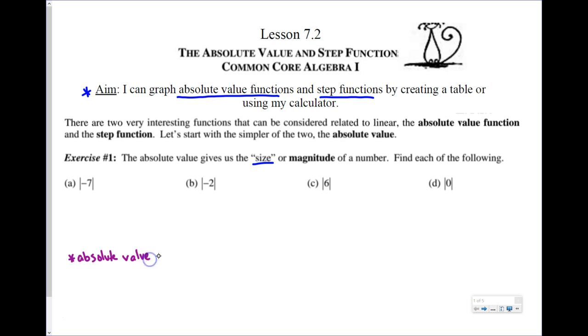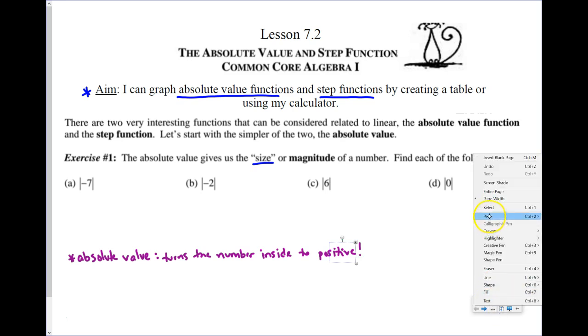Absolute value does give us the size of a number, but a way you have learned it is it basically turns the number inside to positive. So whatever number is inside of the absolute value symbol becomes positive.